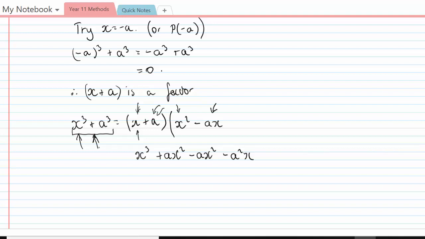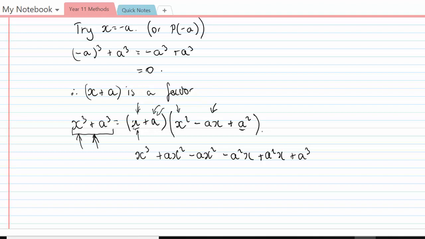So now I need to make a plus a squared x to cancel out the minus a squared x. So I'm going to put a plus a squared here. When I multiply this x by this a squared, that's going to give us a plus a squared x. And I've also got the a times a squared, which gives a cubed.